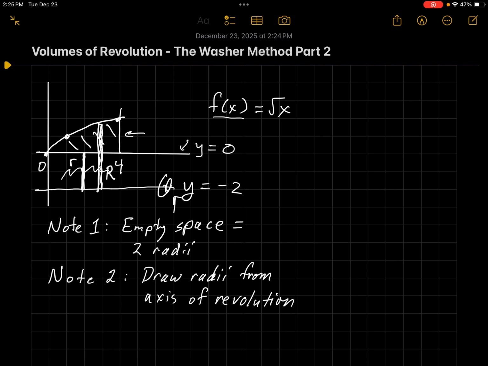So remember that we are revolving really thin rectangles with a width of delta x. And when I revolve this rectangle 360 degrees about an axis, we will form circular disks whose volume is pi r squared times dx.